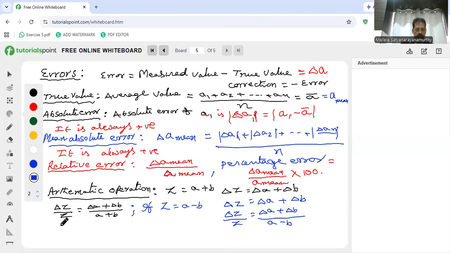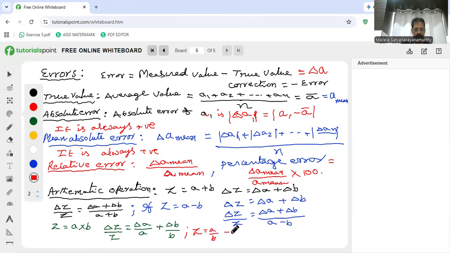If Z is equal to A by B or A into B, you have to take the relative error in case of multiplication or division. There is no error, only relative error. Relative error concept only you have to write: delta A by A plus delta B by B, in case of multiplication or division also.